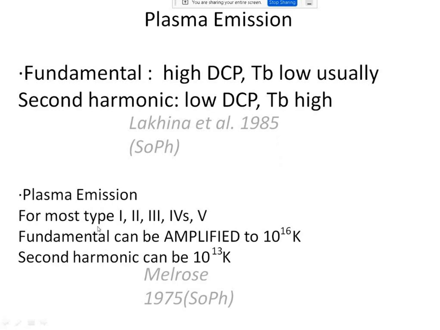Plasma emission is the radiation mechanism for most type 1, 2, 3, stationary type 4, and 5 radio bursts. Fundamental plasma emission usually has low brightness temperature, but it can be amplified to around 10 to the 16th Kelvin. And for second harmonic emission, it can be 10 to the 13th Kelvin.